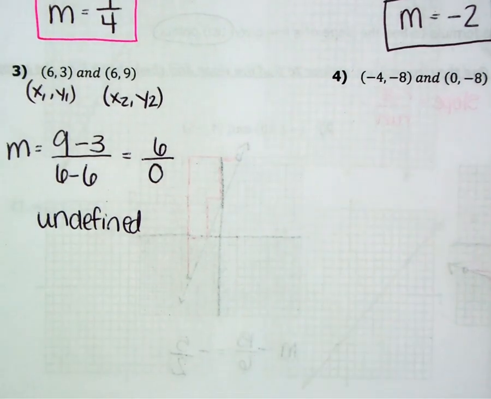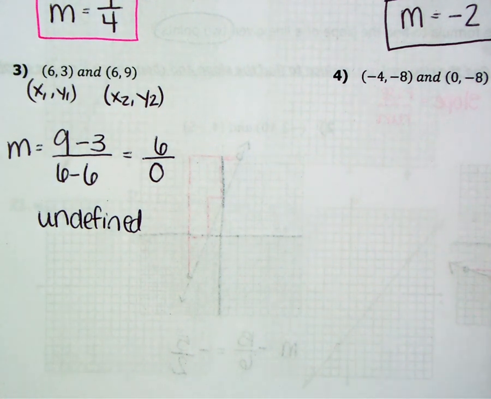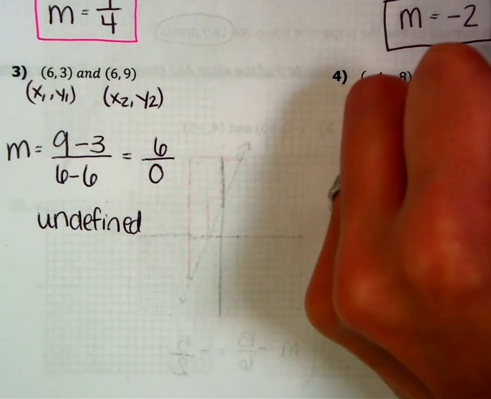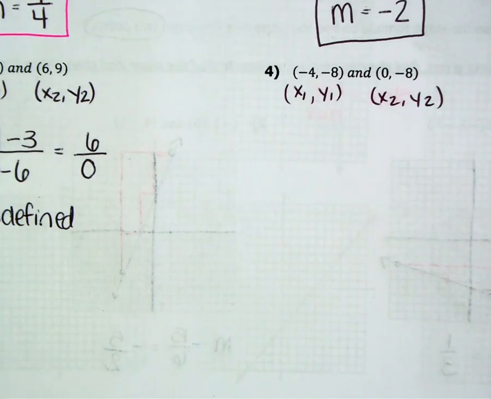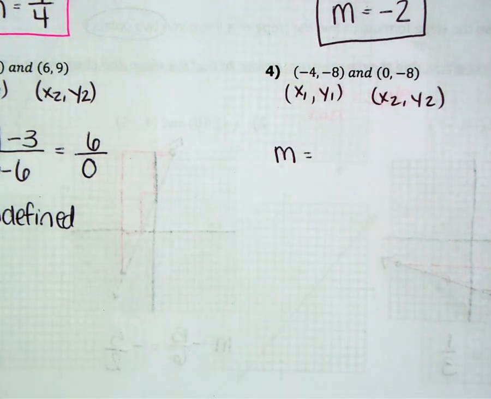All right, last one. Negative 4, negative 8, and 0, negative 8. We have 2 pairs of points, which is a good thing. We need at least 2 to find slope. So we've got x1, y1 first, x2, y2 second, but it doesn't really matter. Go ahead and set up your formula. Don't solve it yet. We'll solve it together, but see if you can get it plugged in.